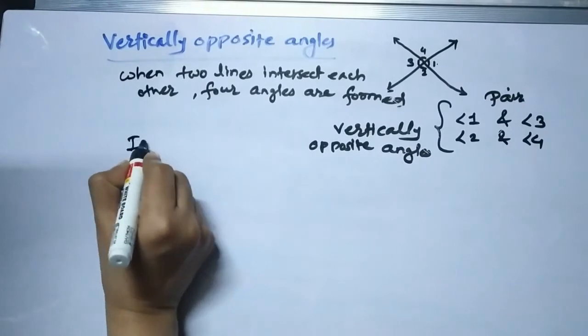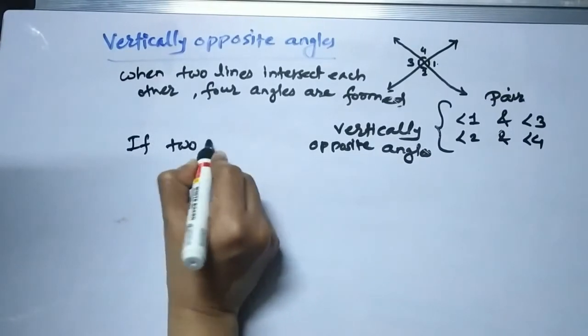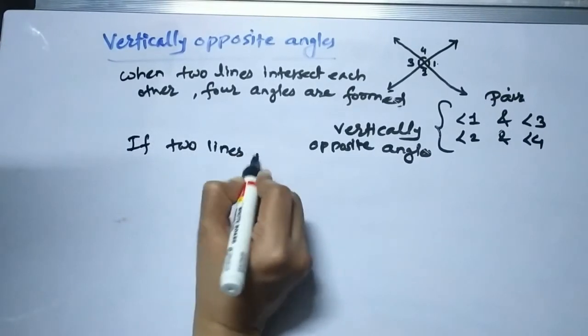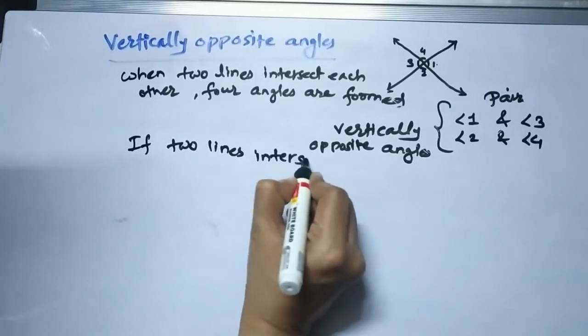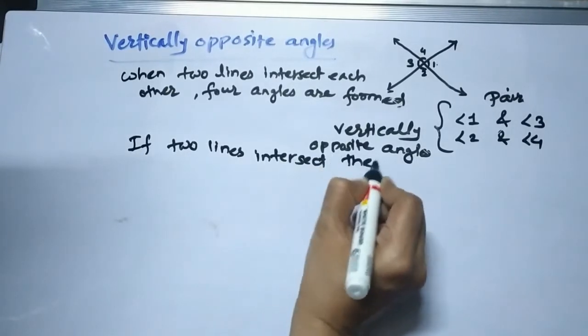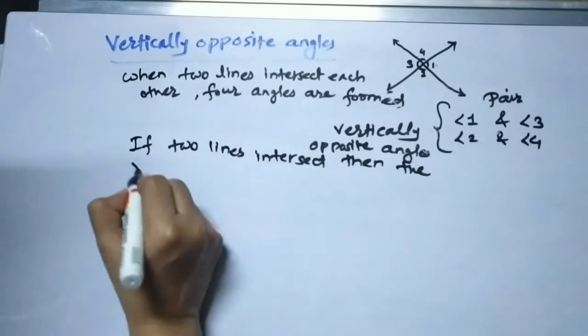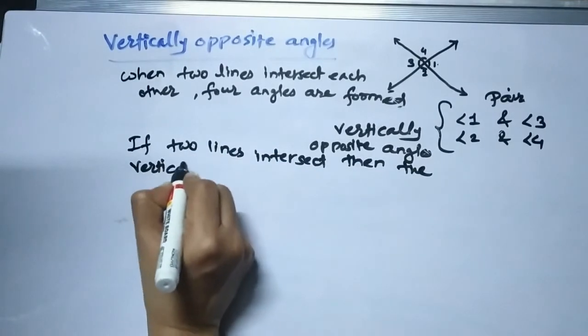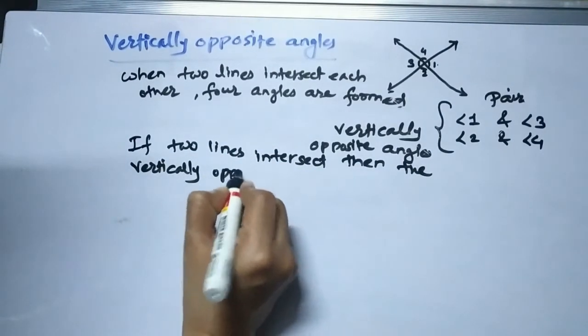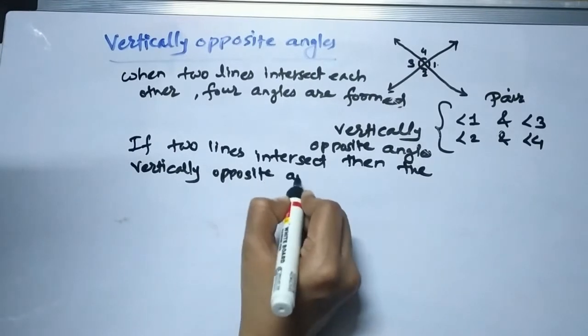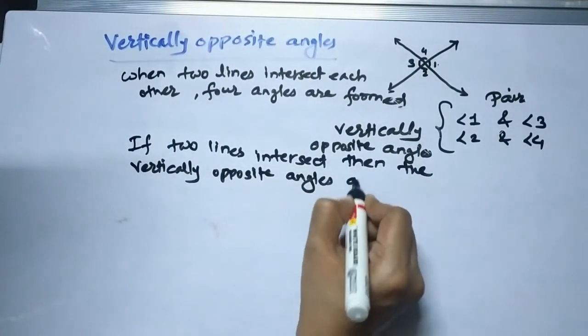So friends, I want to say here, if two lines intersect, then the vertically opposite angles that form have equal measures.